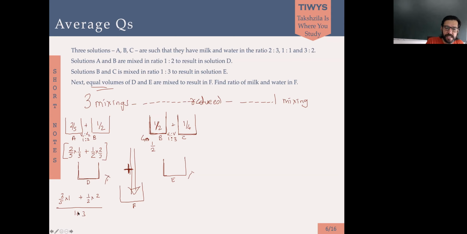I could just do it this way with the fractions. The 2 and 2 will cancel out. The LCM is going to be 15. 5 3s are 15, that's a 2 and a 5, 7/15. I get D as 7/15. Try doing that same thing here on your own, students.